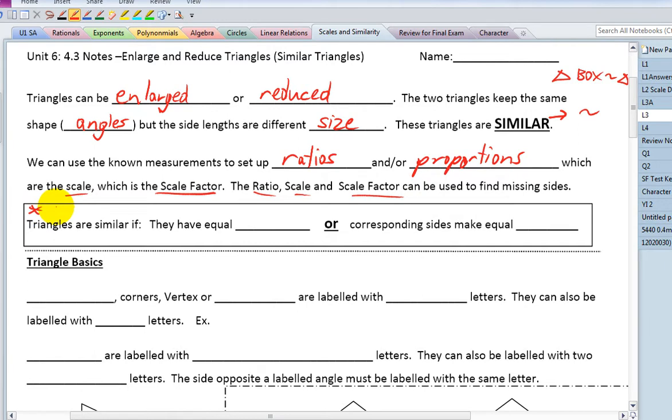Triangles are similar if they have equal angles, or corresponding sides make equal ratios. Now, to be honest with you, we usually don't use the word corresponding, we'll say sides, but it should be corresponding sides, because the sides must match up. Large with large, small with small, medium with medium.